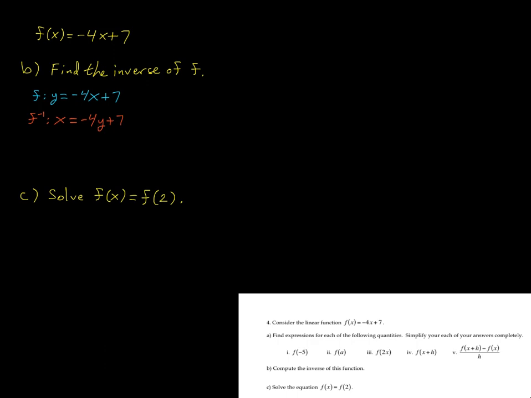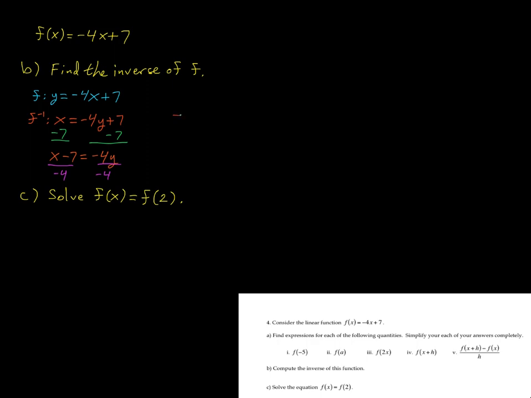I'll start by subtracting 7 from both sides. That's going to give us an x minus 7 on the left and a minus 4y on the right. Let's divide both sides by -4 to isolate y. Since I am dividing by a negative, I'm just going to put the negative in front of the fraction.